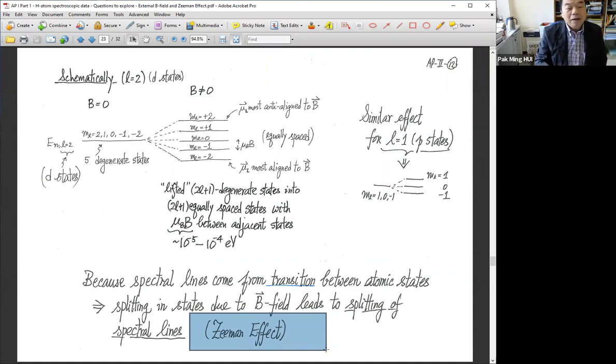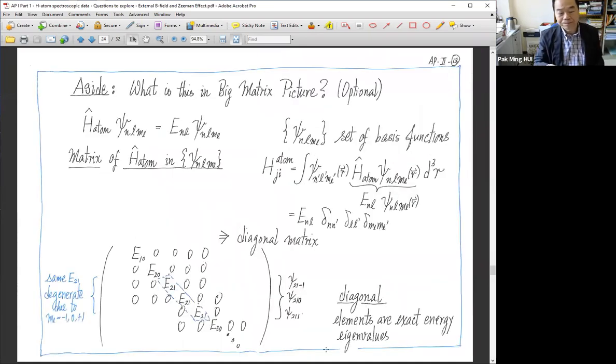Nonetheless, the Zeeman effect, in an umbrella sense, refers to the splitting of one spectral line into several spectral lines in the presence of an external B field. So that defines the Zeeman effect.